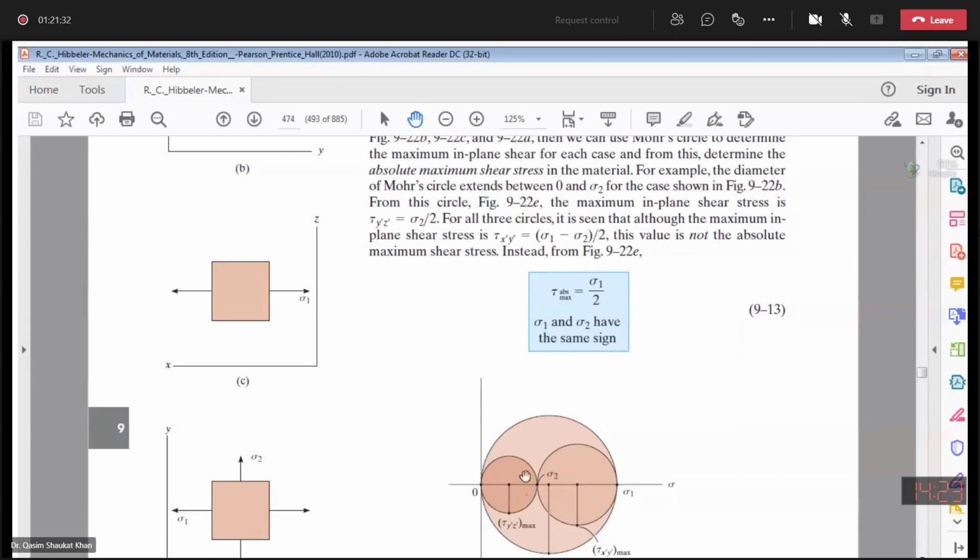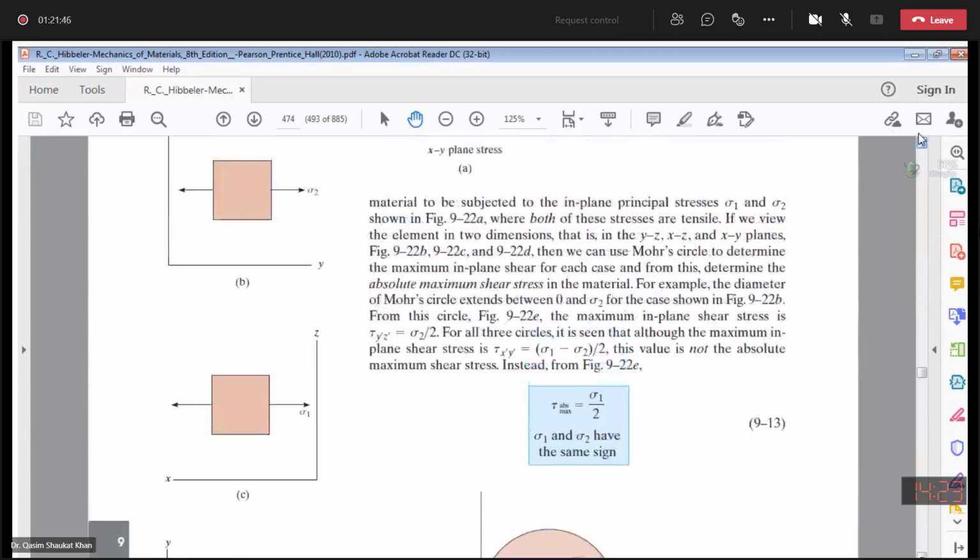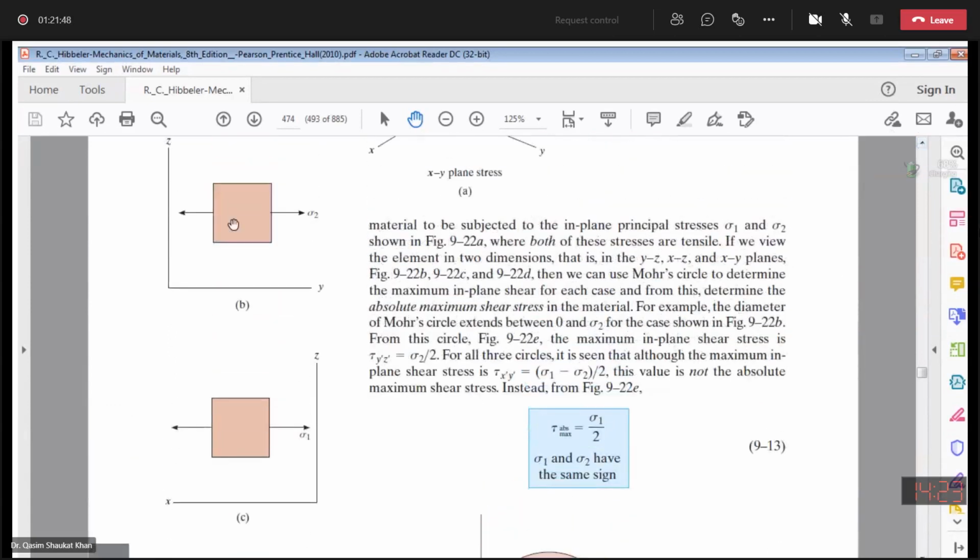This is the Mohr circle for that, and this is the maximum in-plane shear stress for this y dash z dash element. Why y dash z dash? Because you are drawing the Mohr circle for this element, with no principal stress along the z-axis, but sigma 2 along the y-axis.